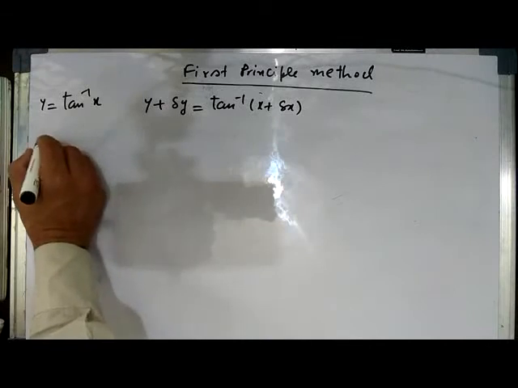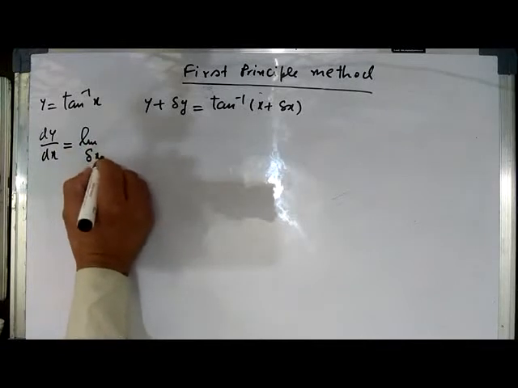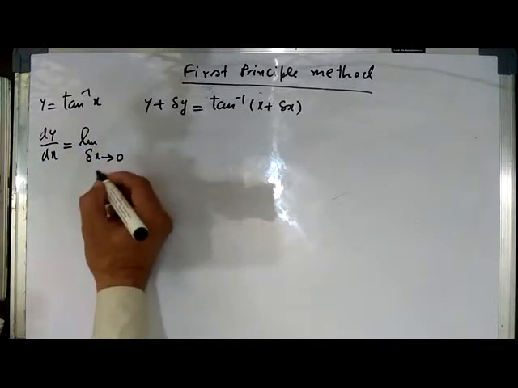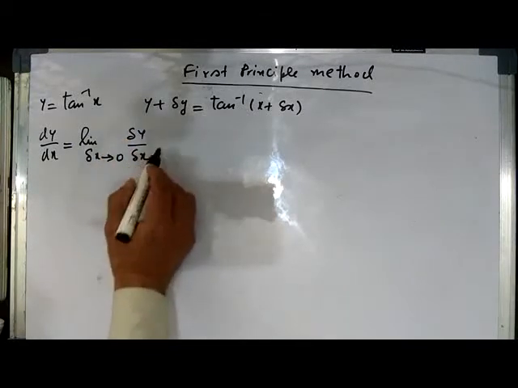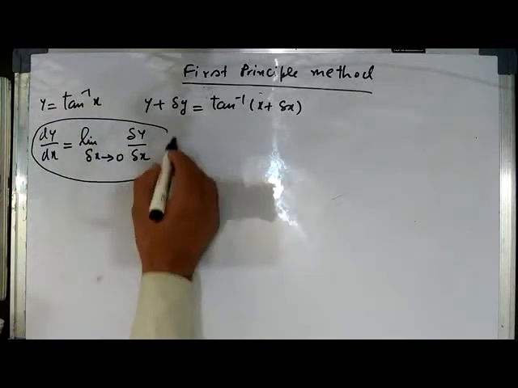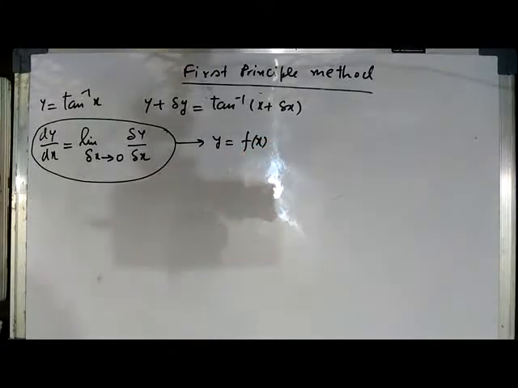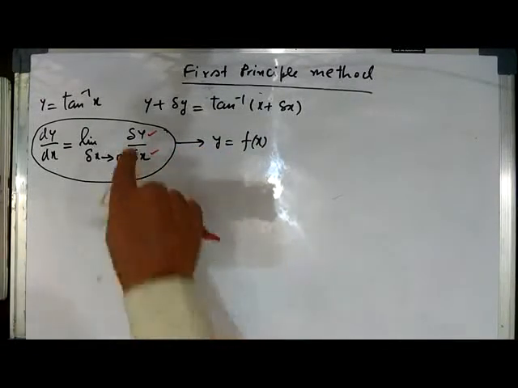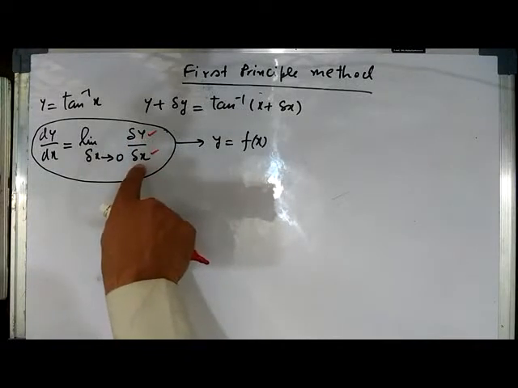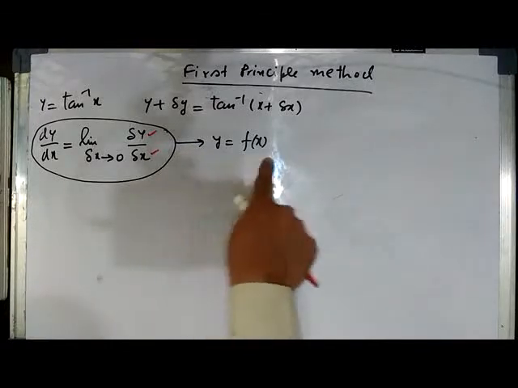Now when we go for the first principle method, we write this formula dy/dx equals limit delta x tending to 0 of delta y upon delta x. Now this formula is written when y is a function of x. What is the meaning? That means here we observe the change in y when change is made in x. It is done because y is a function of x.